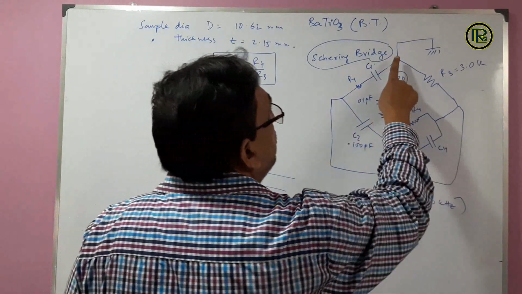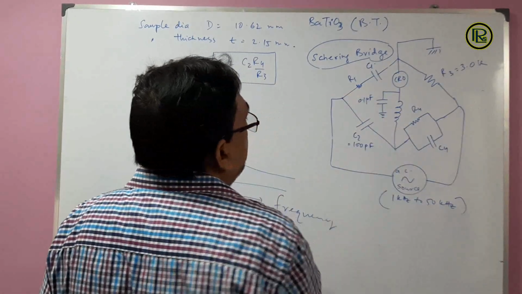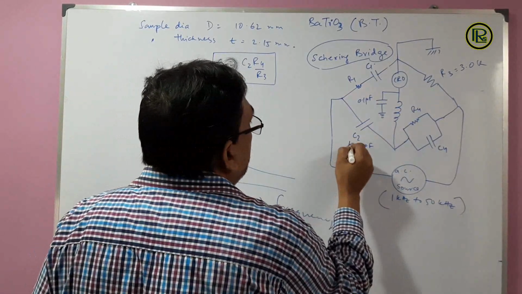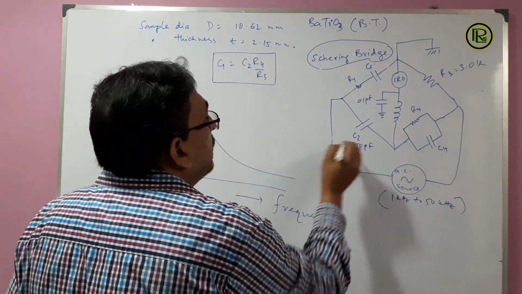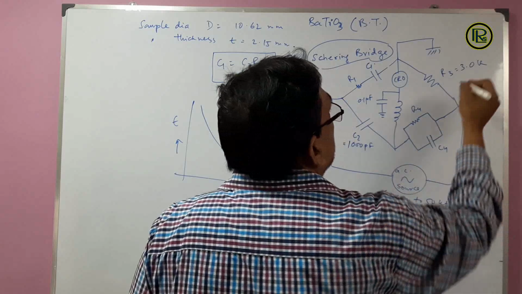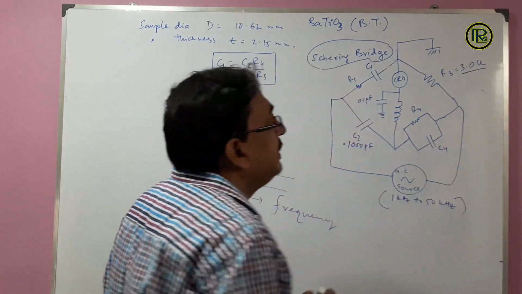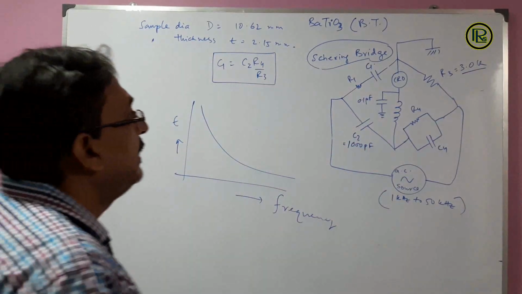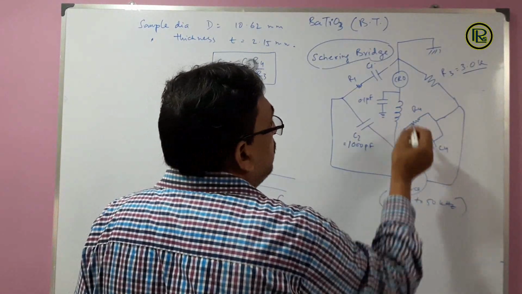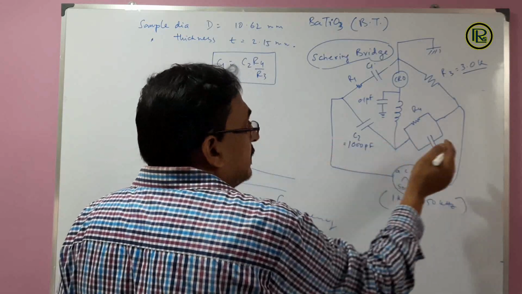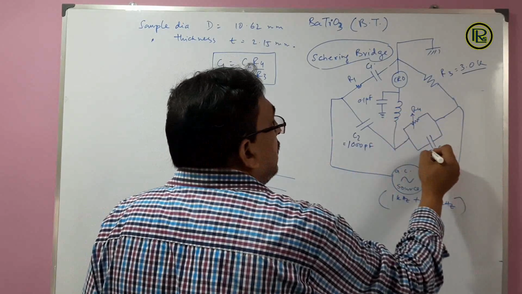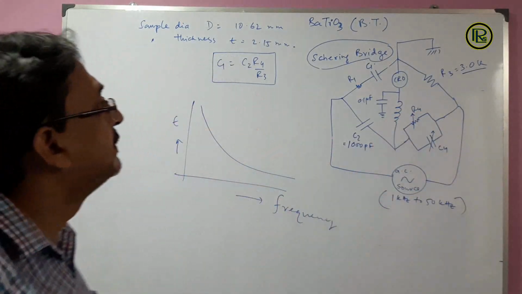In arm 2 we have the capacitor C2 with a value of 1000 picofarad. In arm 3 we have a resistance of 3 kilo ohm. And in arm 4 we have a resistance and a capacitor in parallel, which are variable in our experimental setup.